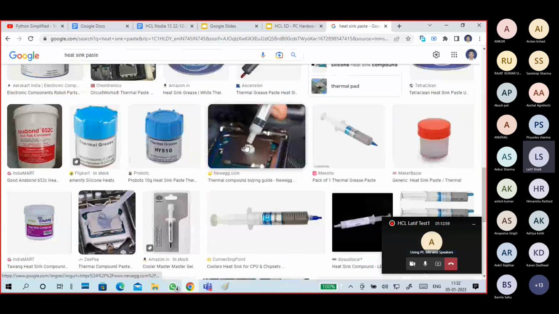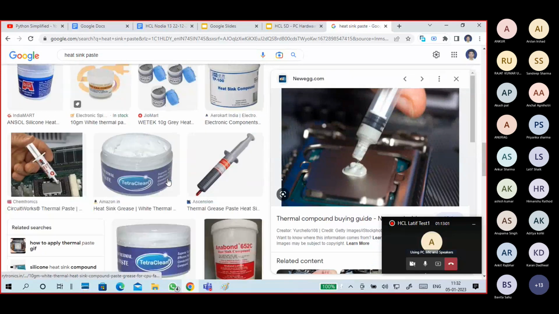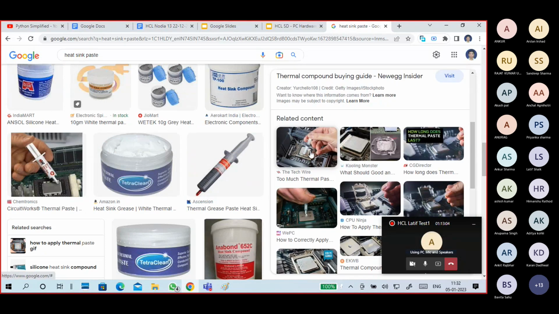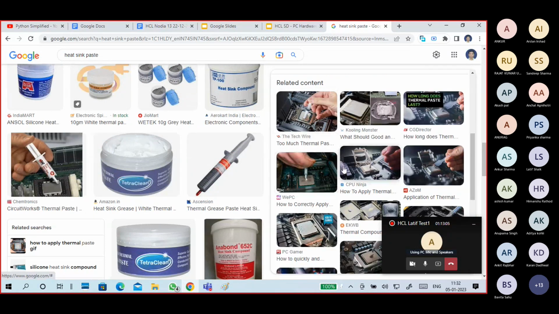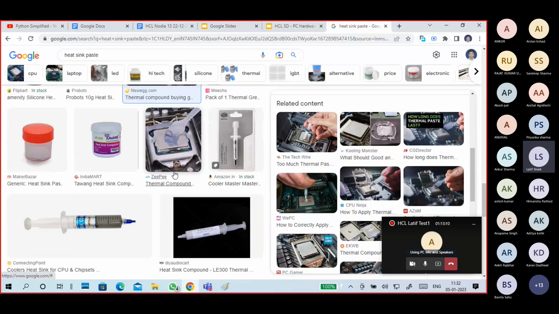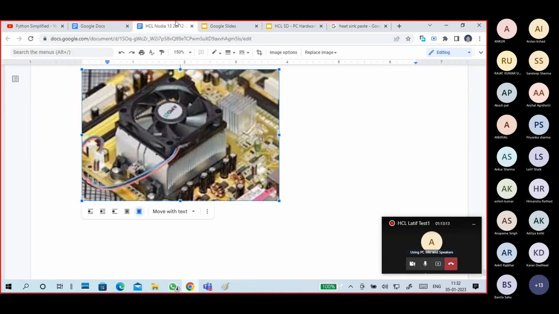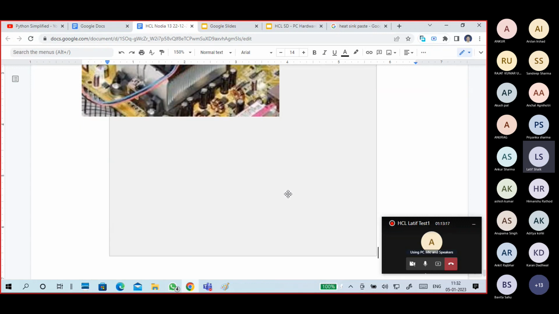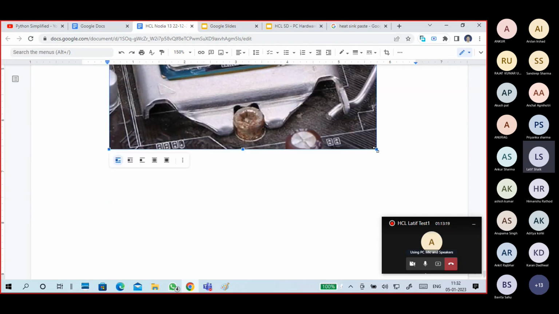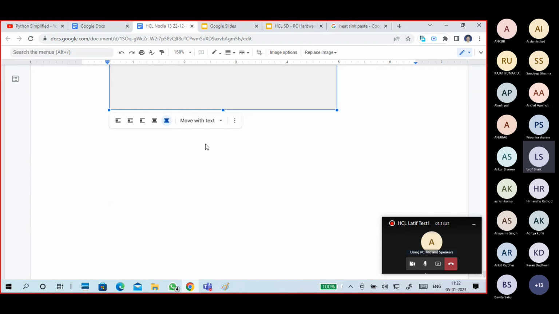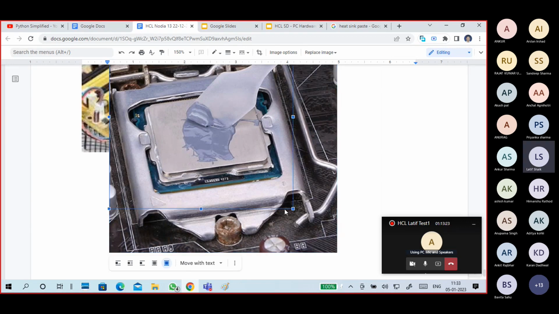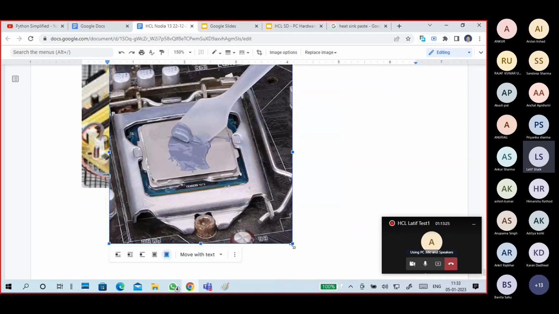In between the processor and heat sink, there is heat sink paste.